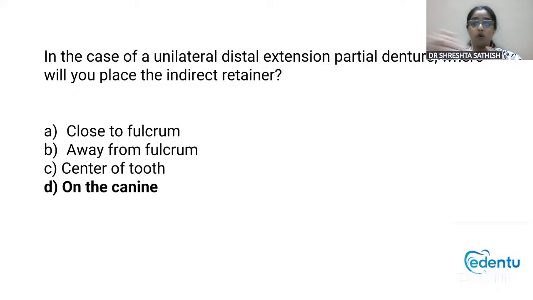But on the fulcrum line, when you mark the perpendicular portion of it, it is mostly going to fall either on the canine or on the premolar. Okay, because it is a unilateral distal extension. Your canine or your premolar is where the fulcrum line will fall. Sorry, your indirect retainer should lie. So that will be on the canine.